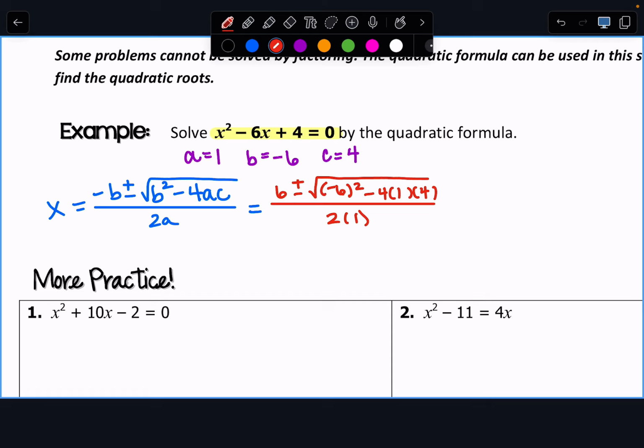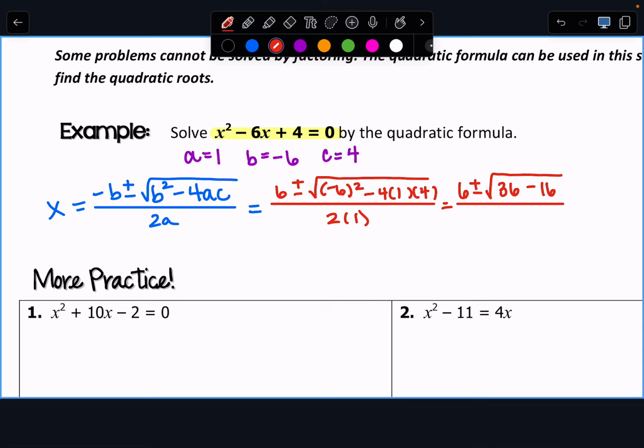Try not to do too much all at once. I'm going to write now that this is 6 plus or minus. What's negative 6 squared? 36. Minus 4ac. It would be just negative 16, minus 16.